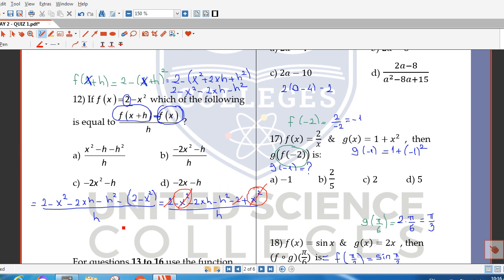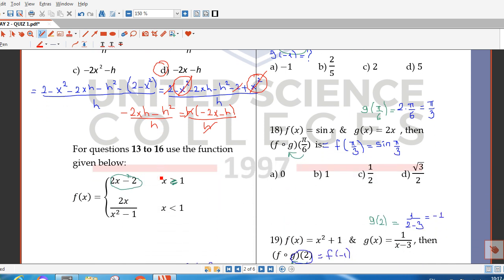The remaining expression is minus 2xh minus h squared over h. In the numerator, h can be taken as a common factor. Negative 2x, negative h over h. H can be simplified. The remaining expression is minus 2x minus h.